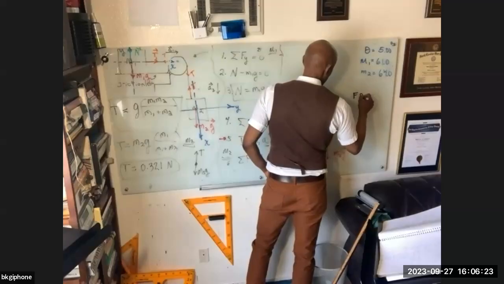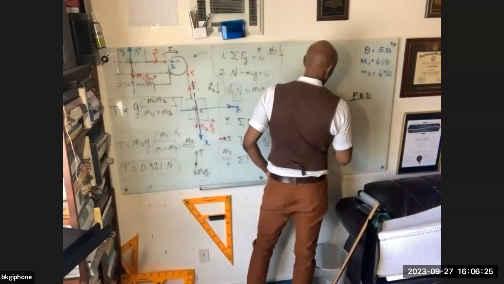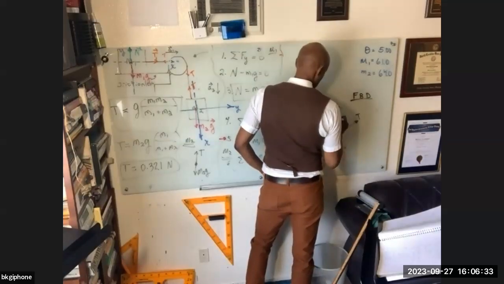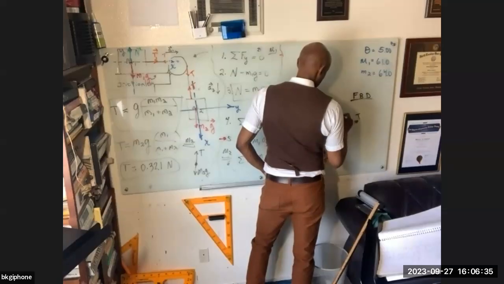So the free body diagrams for M1 looks like this. We've got tension there. We've got normal force here, making a 90-degree angle with the horizontal.